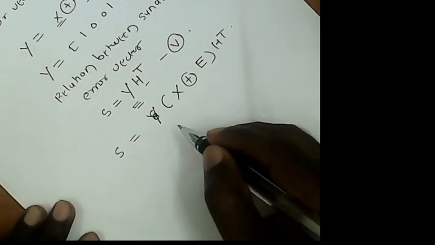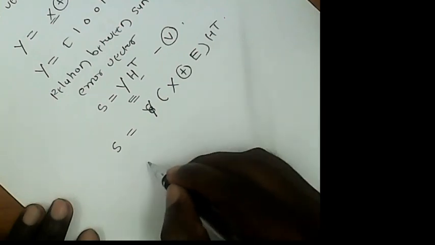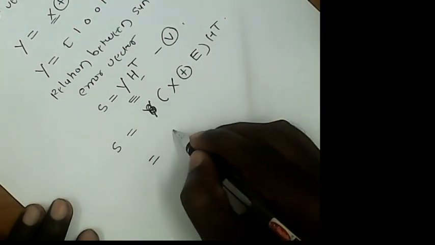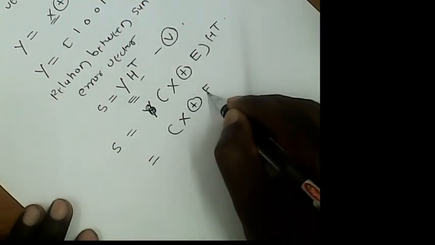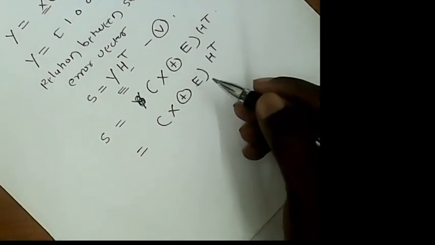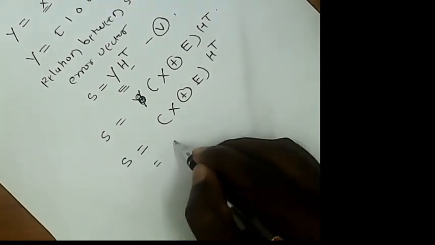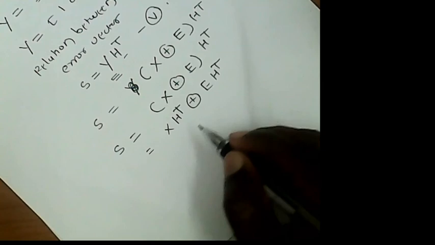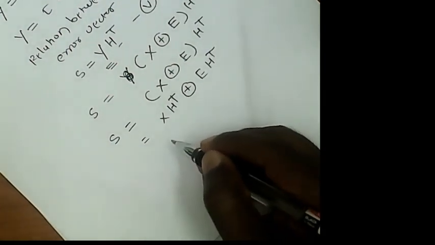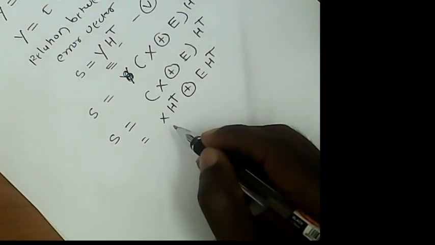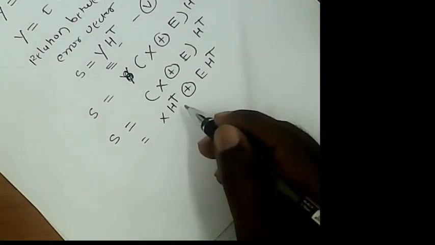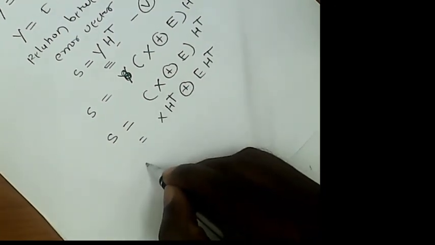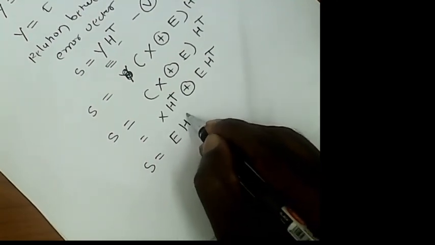After solving this equation, by multiplying, we can write S is equal to x H^T + e H^T. But we know that the product of any transmitted code word with the transpose of the parity check matrix is 0. So this term is 0. So S is equal to e H^T.